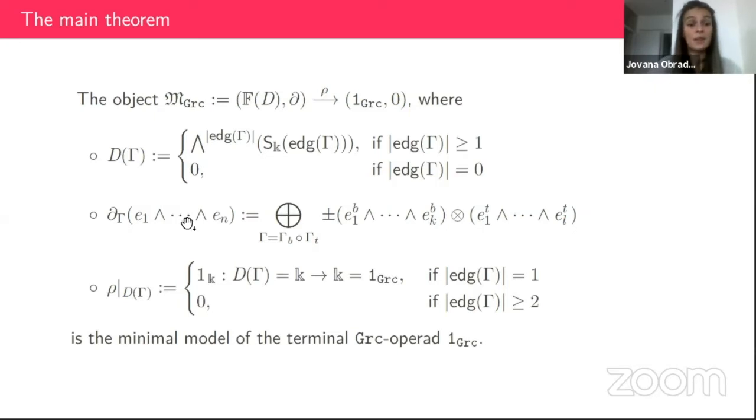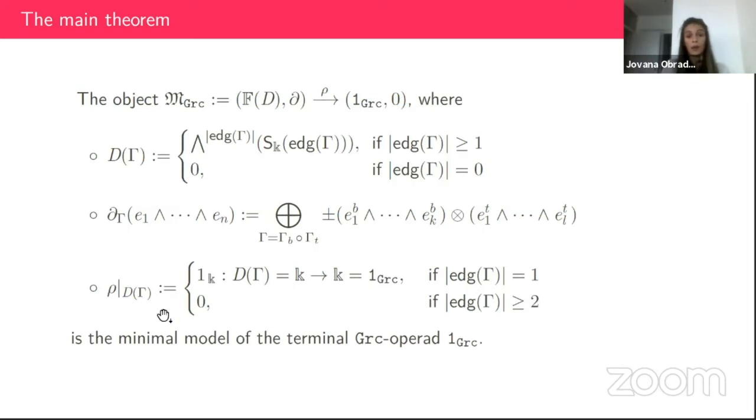And then the differential on such an exterior product will be given as the sum over all possible ways to represent the graph gamma as a nesting of two graphs. So here the notation means that we have nested the graph gamma t into a vertex of the graph gamma b. And each such nesting splits the exterior product in two. The exterior product on the left of the tensor will contain all the edges from the bottom graph gamma b, and the exterior product on the right will contain all the edges from gamma t.